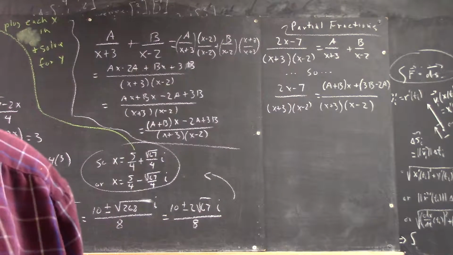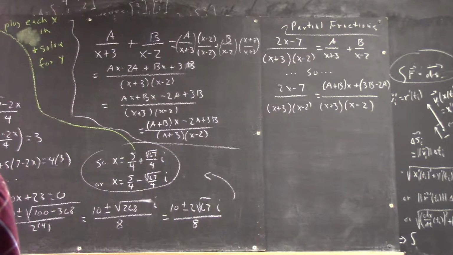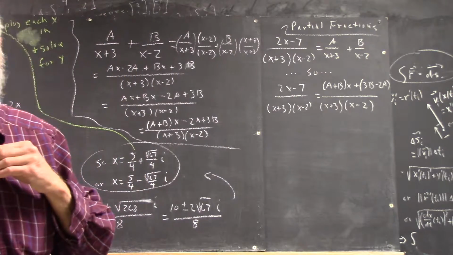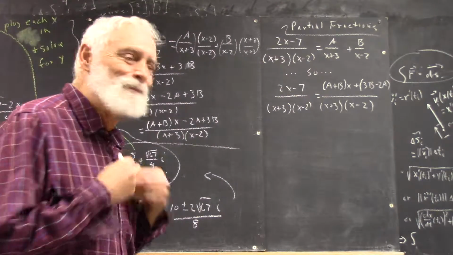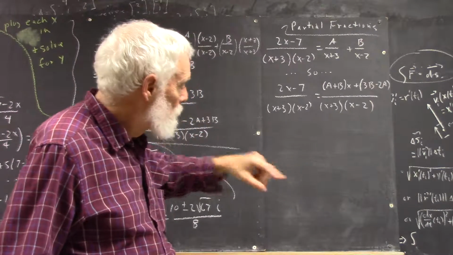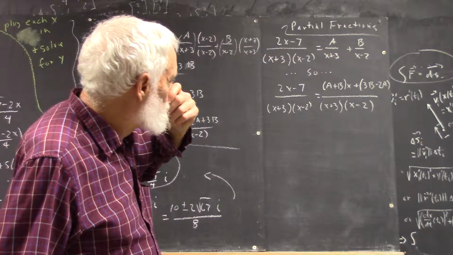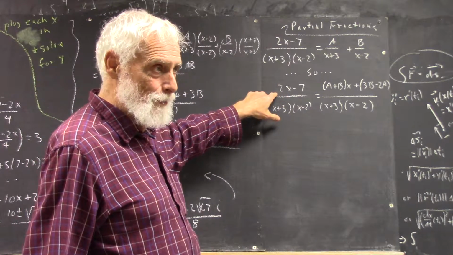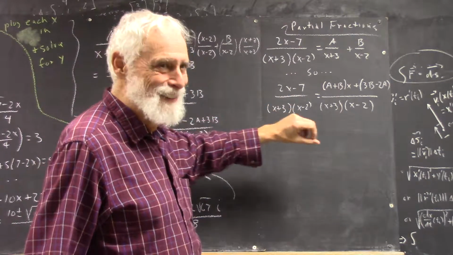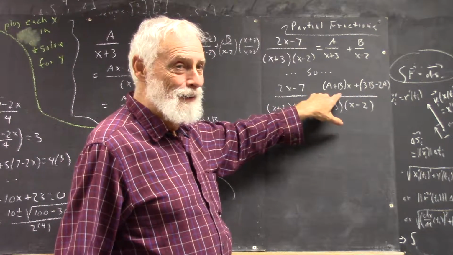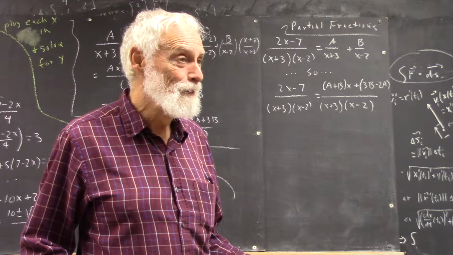Now what good does this do us? Anybody see how this could possibly do us any good? Well, that's a stretch. Anybody have any glimmers of insight? Probably not, unless you've seen it before. But where we're leading with this. Okay, well, what's in front of x over here? 2. Good. Yeah, they're on top of it. What's in front of x over here? So what's a plus b have to equal? 2.